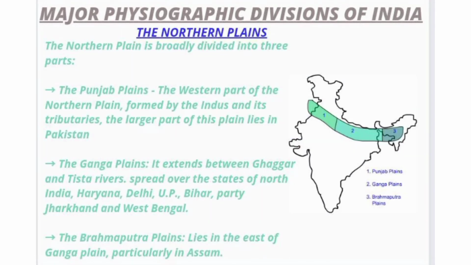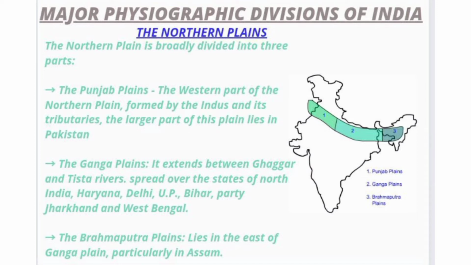The northern plains is broadly divided into three parts, that is the Punjab plains, the Ganga plains, and the Brahmaputra plains. The Punjab plains, the western part of northern plain, formed by the Indus and its tributaries. The larger part of this plain lies in Pakistan.